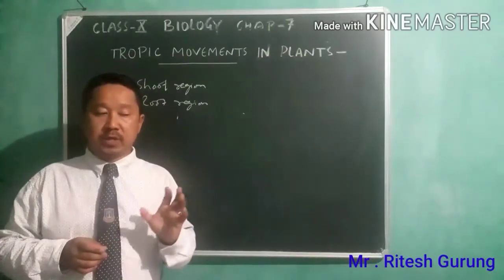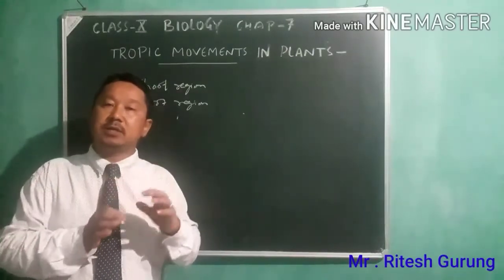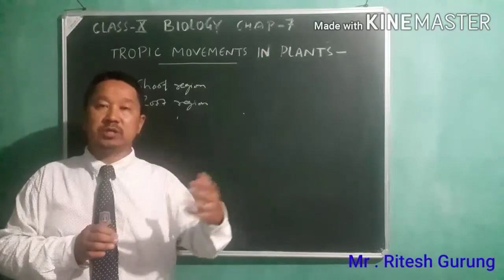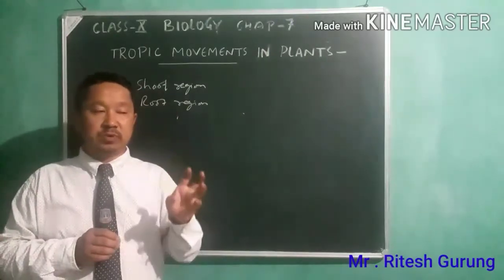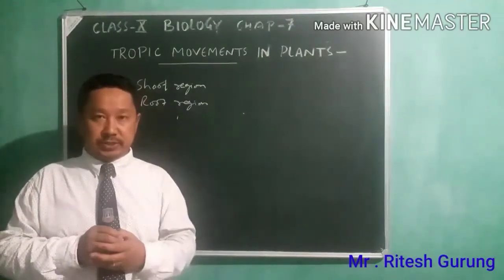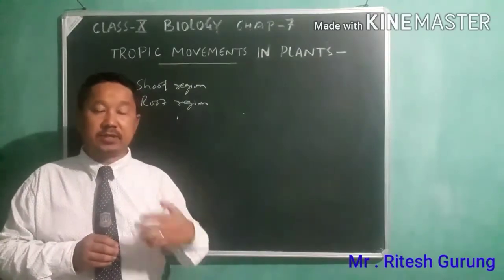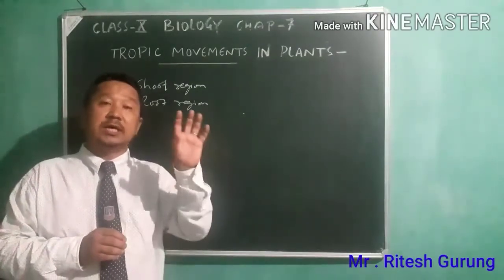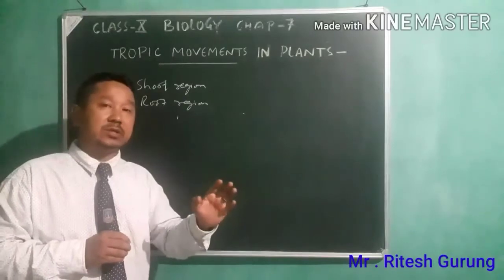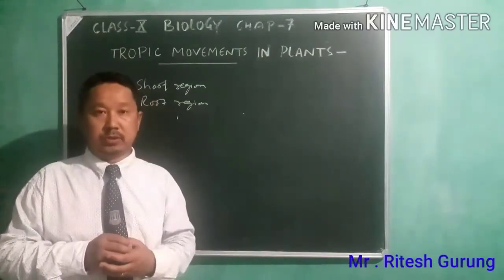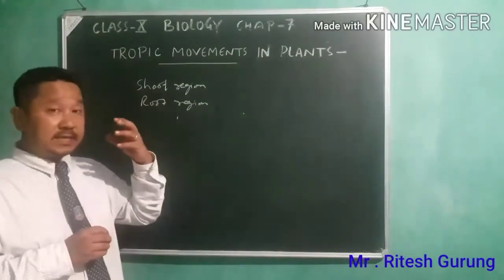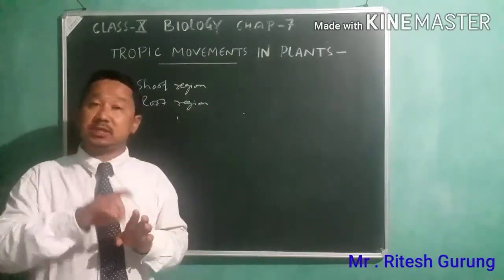So movements here are actually the response to the stimulus or stimuli. Stimulus means change, an external or internal change which makes the plants respond. The plural form of stimulus is stimuli.